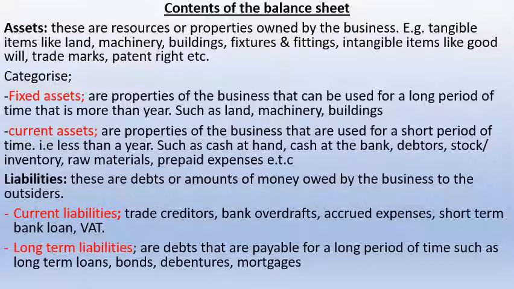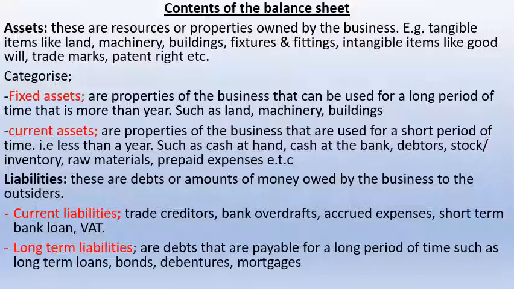Then liabilities. These are debts or amounts of money owed by the business to outsiders. Again, they are categorized into two: current liabilities and long-term liabilities.